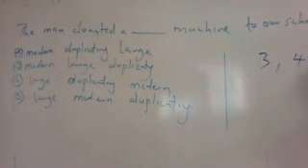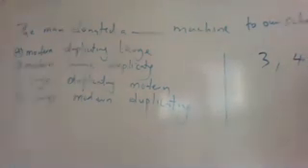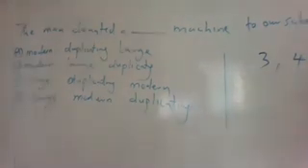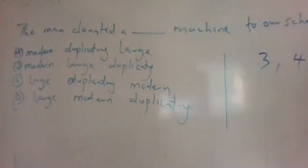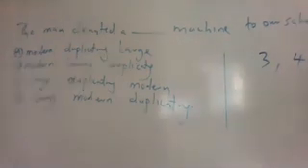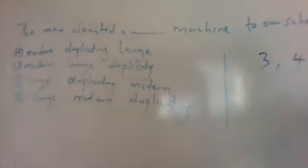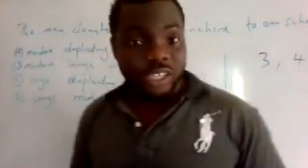So most times when you see ing at the back of a word, it's most likely nominal or verbal. But in this case, this is a verbal. You will notice most of your verbs end with ing, like going, coming.